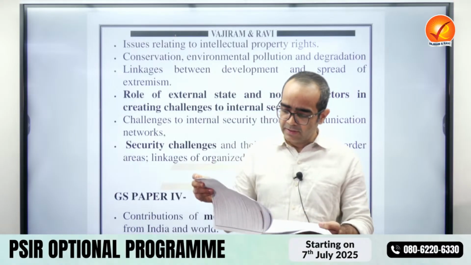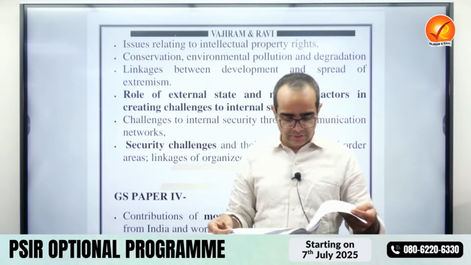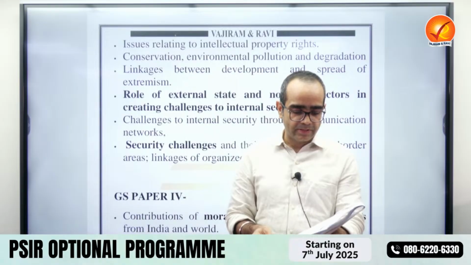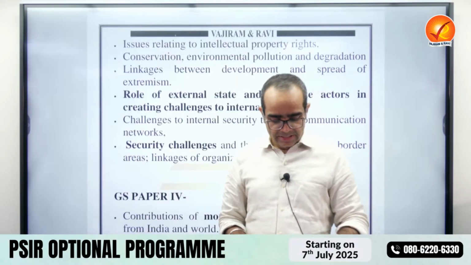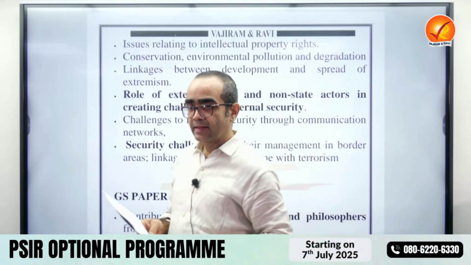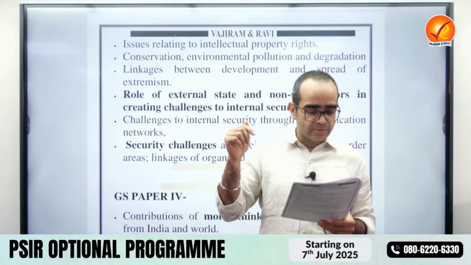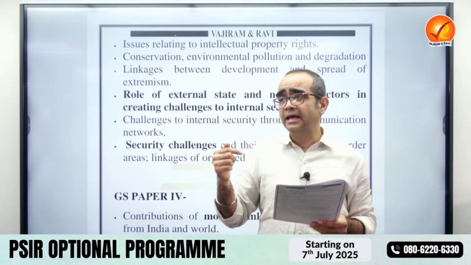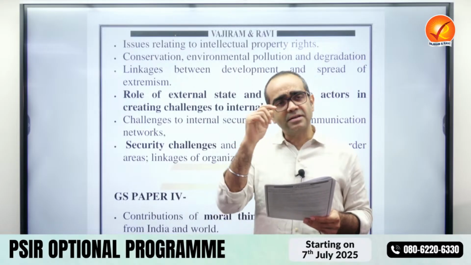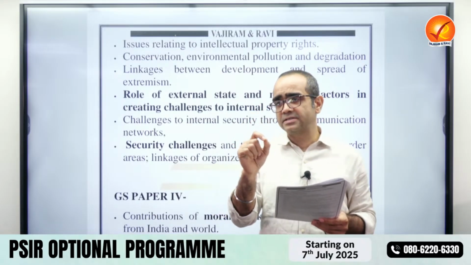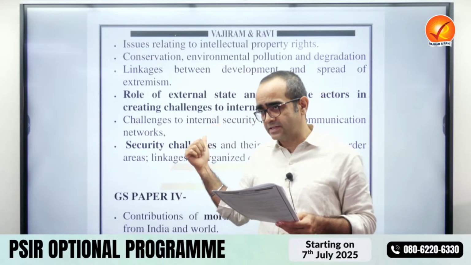Again, come to page number 7 of the material. Can you see topic number 9? It talks about caste, religion, and ethnicity. We will be discussing in detail the ethnic conflicts in India.